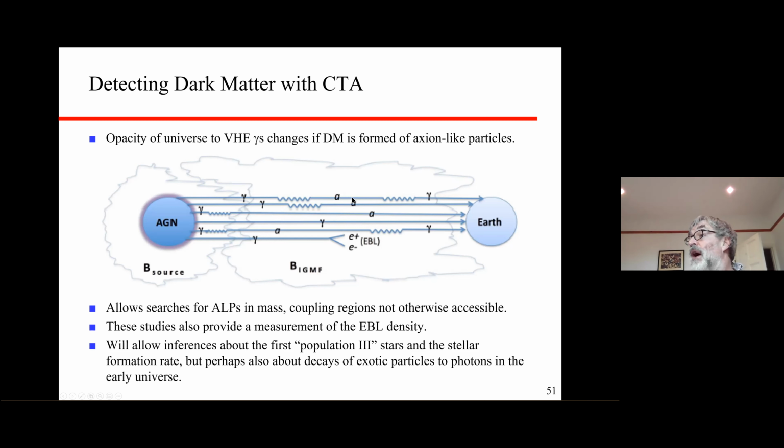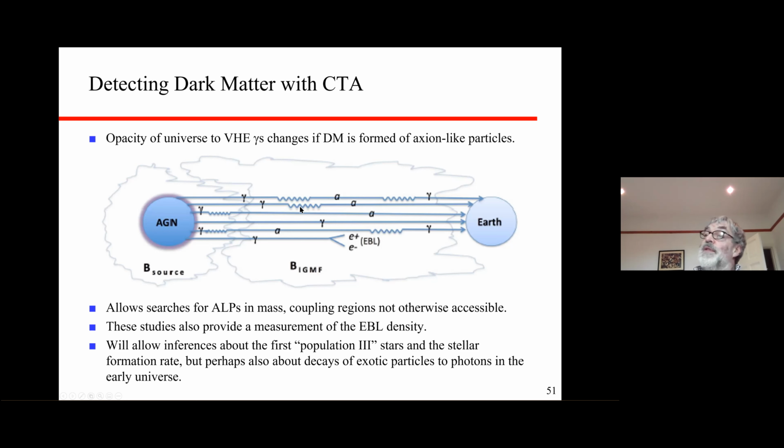These things are no longer subject to this interaction, so they're not blocked out by the extragalactic background light or the stray photons in the universe. They can travel all the way to our galaxy, where they can convert back to photons in the magnetic field in our galaxy, and then we'd see them.